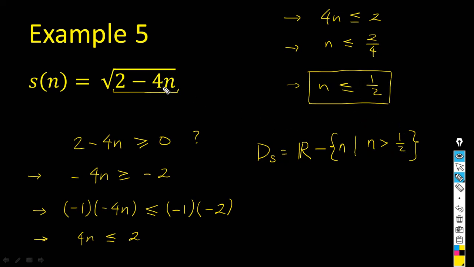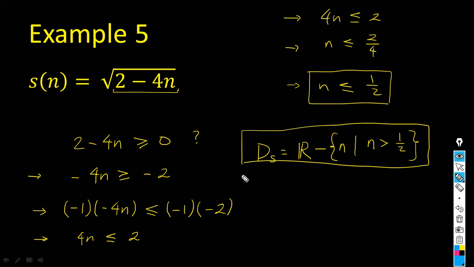If you try to evaluate this function in any number n greater than 1/2, this thing is going to crash. Let's quickly give one of those examples, in blue. Suppose you want to evaluate s in a number n greater than 1/2. For example, 1. 1 is greater than 1/2, right? So s of 1 is equal to the square root of 2 minus 4 times 1.